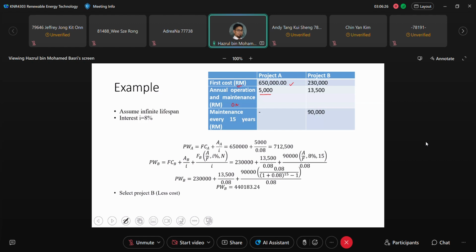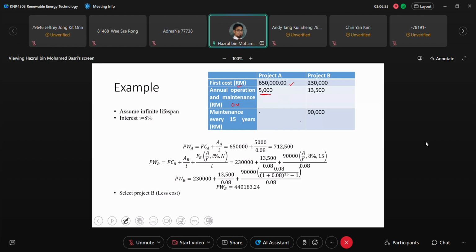This will be the cost. But for project A, every 15 years, there's no maintenance. Annually, we just spend around 5,000 ringgit. After 15 years, after 30 years, after 45 years, we don't need to spend extra money for maintenance.